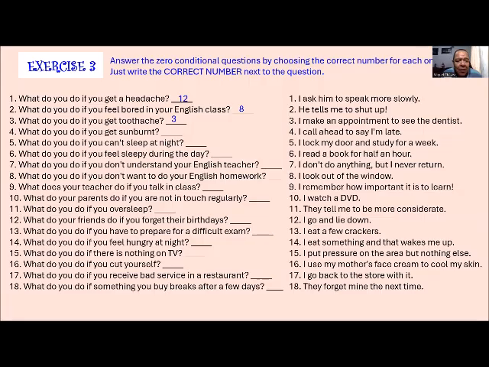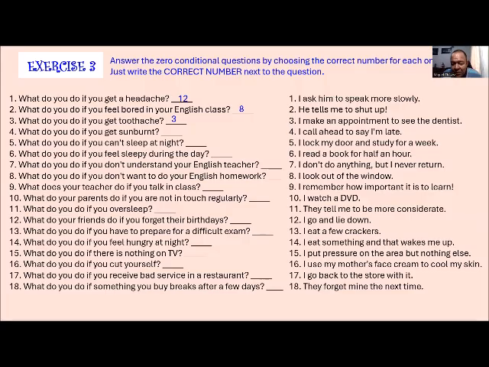What do you do if you get sunburned? When you go to the beach and then lie down on the sand, you sometimes get sunburned. If you expose your body to the sun, sometimes you get sunburned.